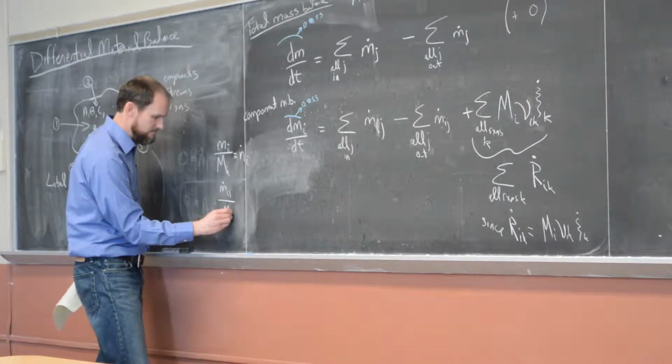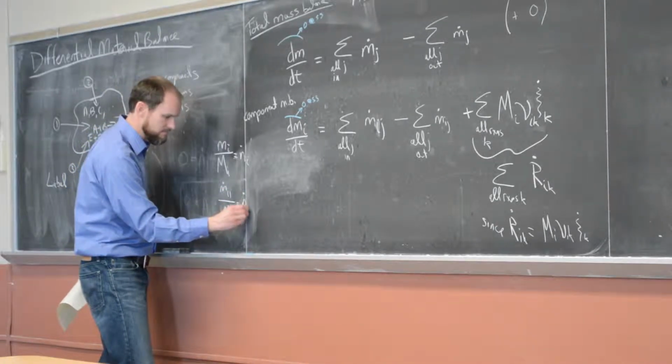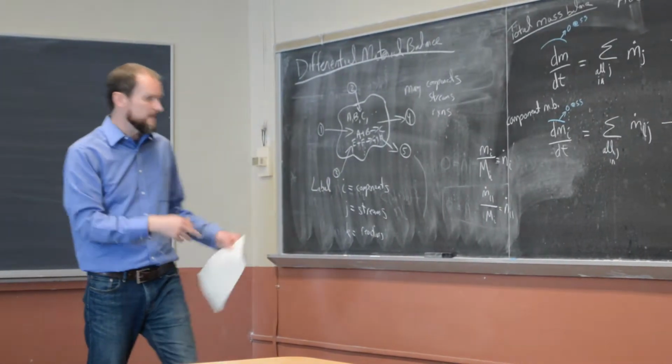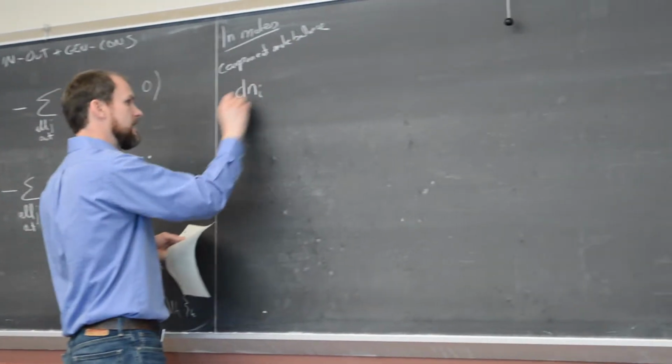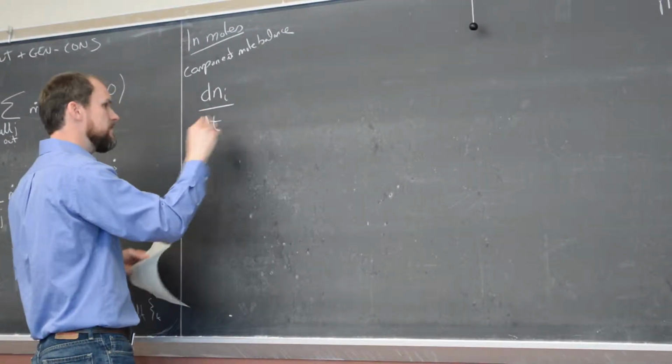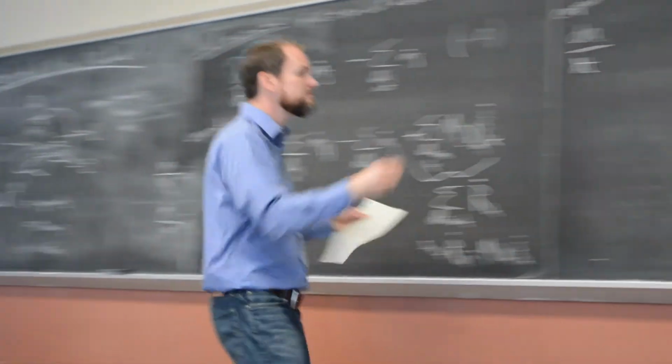If I divide by M I, I get n I dot in stream 1. If I do that with each, if I divide through by the molecular mass, we'll get dn I dt, the change of the moles of species I in the system.